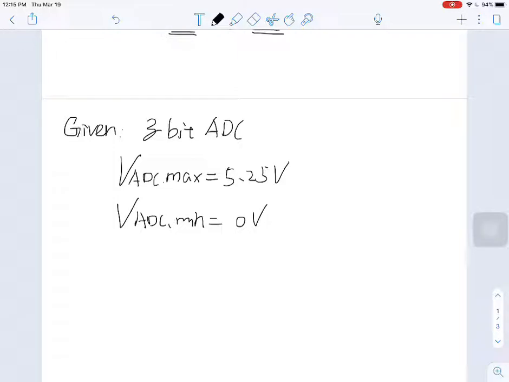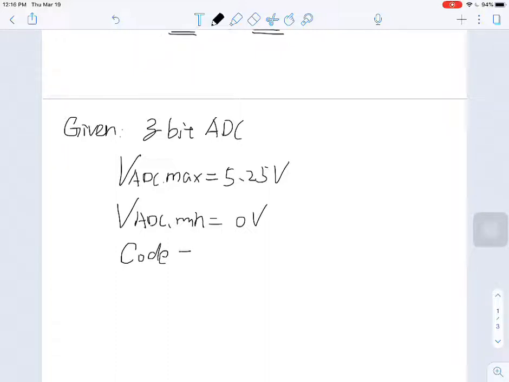This is a different type of ADC. It has the same 3 bits, but the maximum and the minimum voltage are different. Now, instead of knowing V in, we know the code.